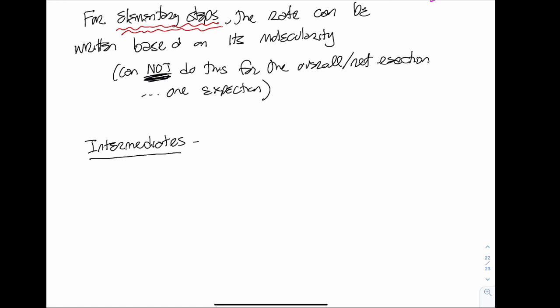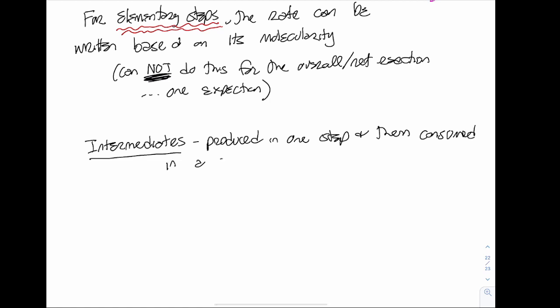So it's going to be a product first and then a reactant. So produced in one step and then consumed in a subsequent step, so later on.